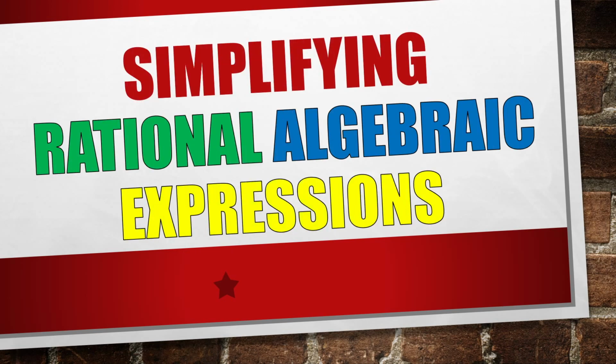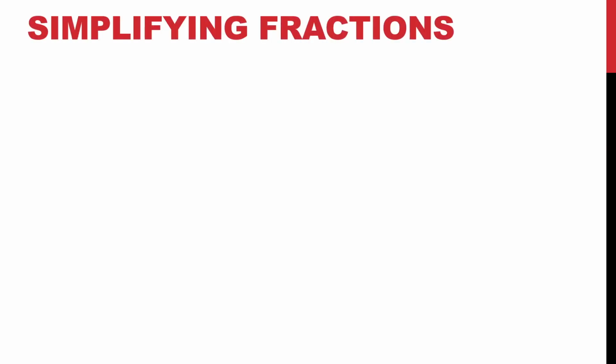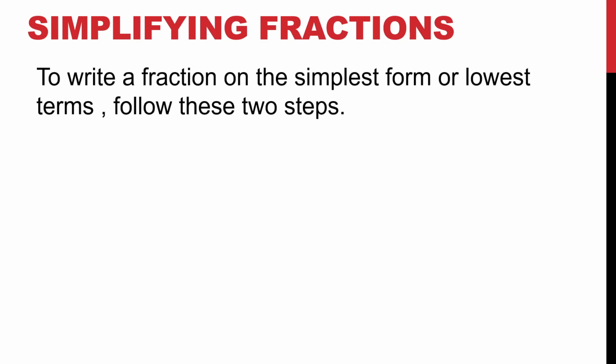Okay, now this time, let's go to simplifying. How do we simplify Ra-X? First, let's start with numbers. How do we simplify fractions? To simplify fractions, we need to write it in lowest or simplest form by following these two steps.